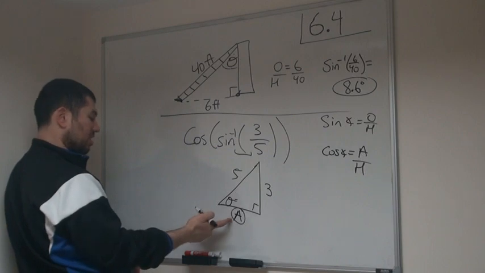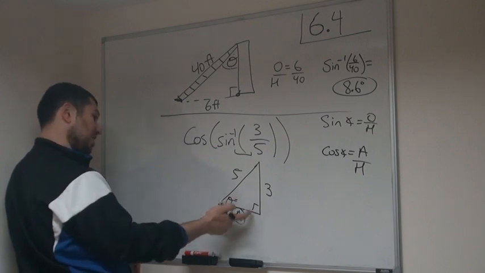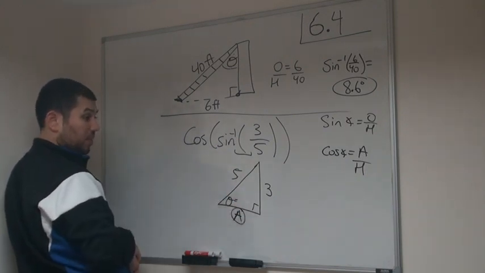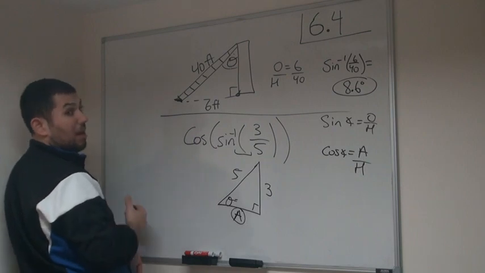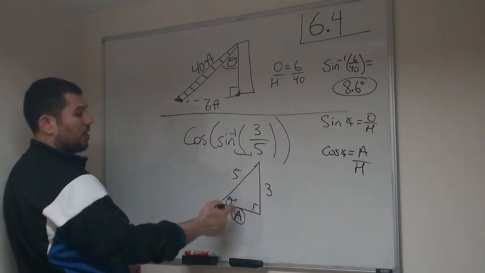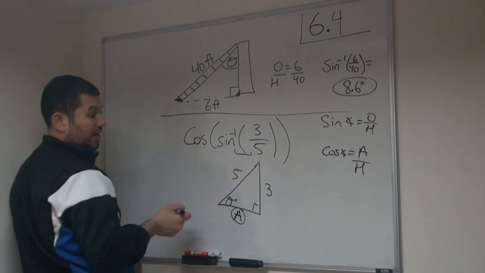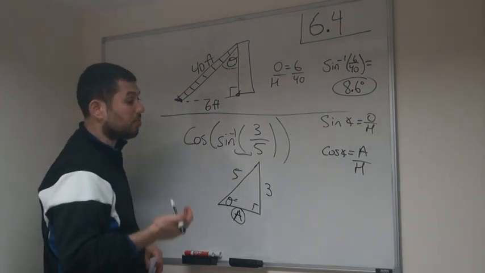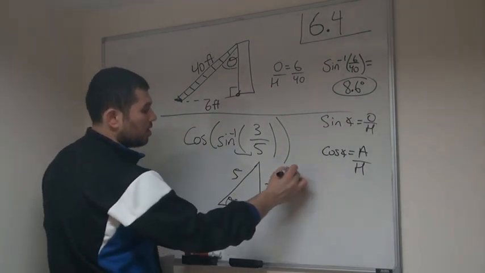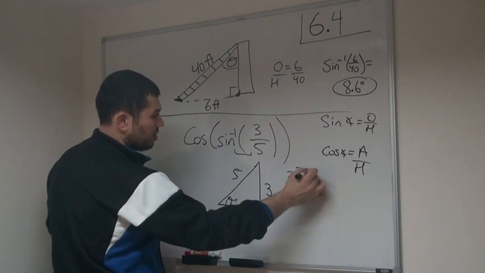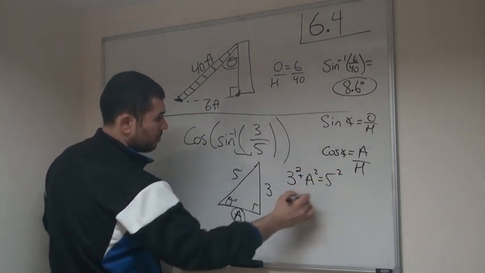Can't I find the adjacent side and just say what the adjacent over hypotenuse would be without a calculator? Absolutely. If I know 2 out of 3 sides of a right triangle, I can use the Pythagorean theorem, which you all should know, to say 3 squared plus my adjacent side squared is 5 squared.